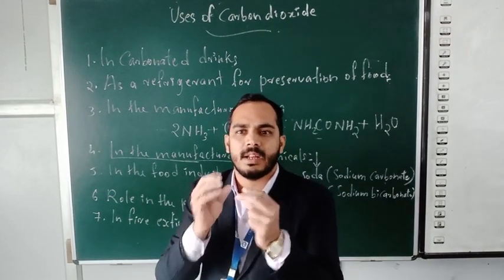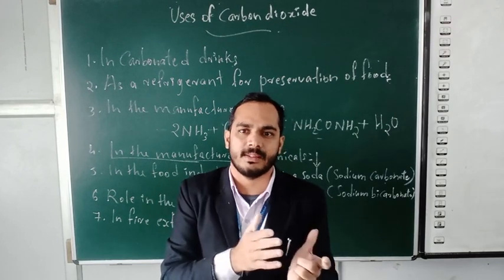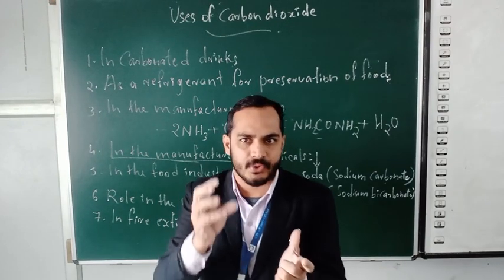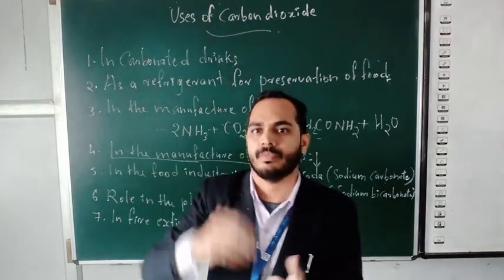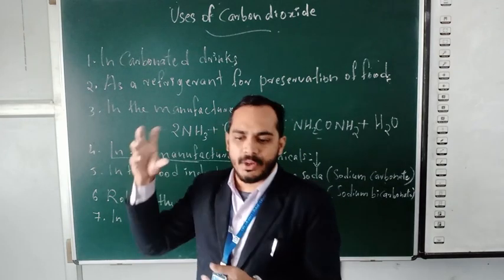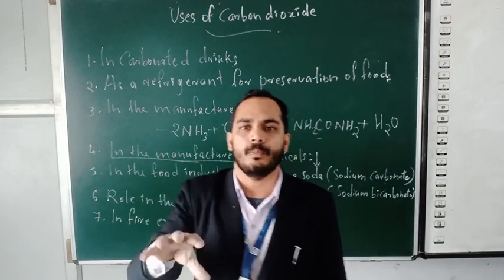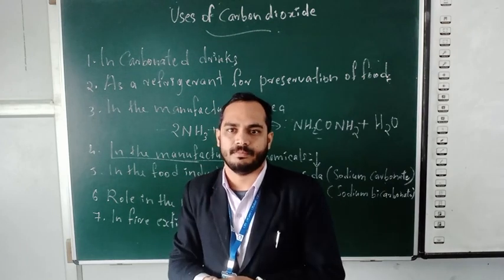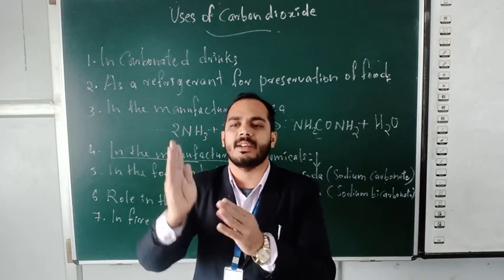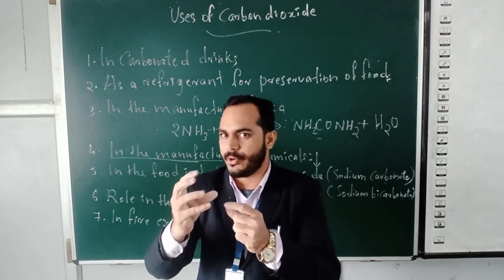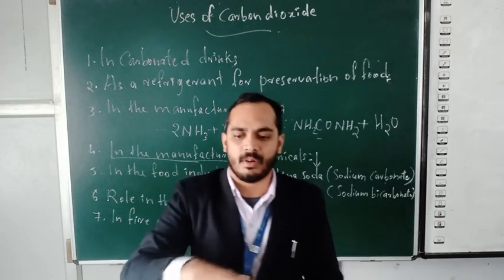Mainly, compared to other gases, carbon dioxide density is comparatively heavy. So when we apply it to the fire, the carbon dioxide is going to cut off the fire. The high density carbon dioxide is going to place over the fire.